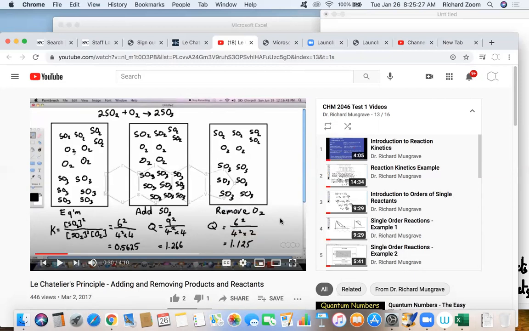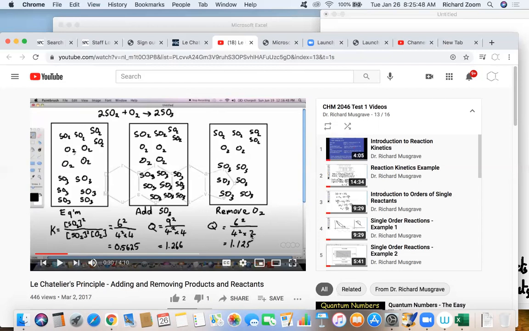It's going to move towards the reactants so that Q can get closer to K. In other words, the bottom part here has to get bigger and the top part here has to get smaller in order for Q to become K. I'll stop here for a second. Does anybody have any questions?